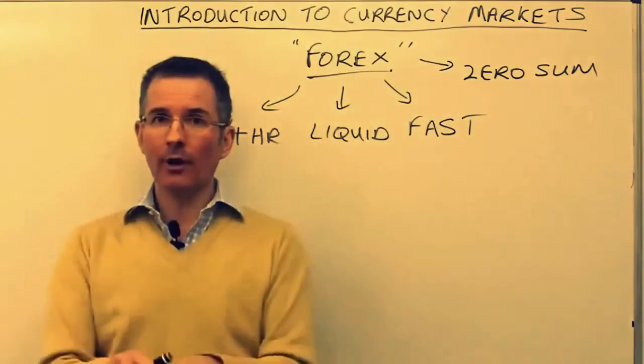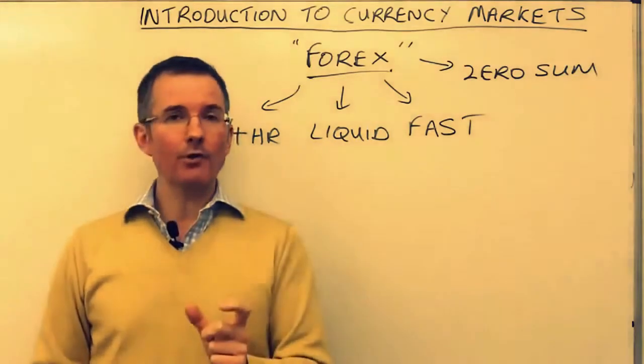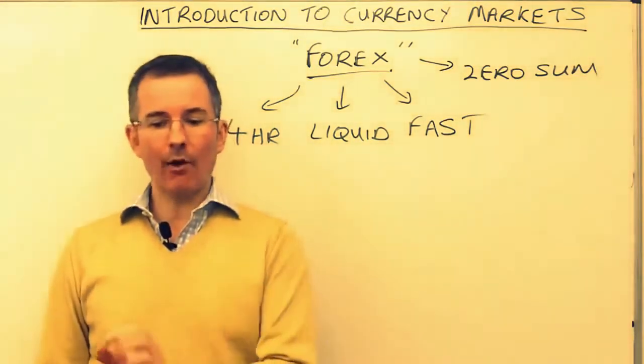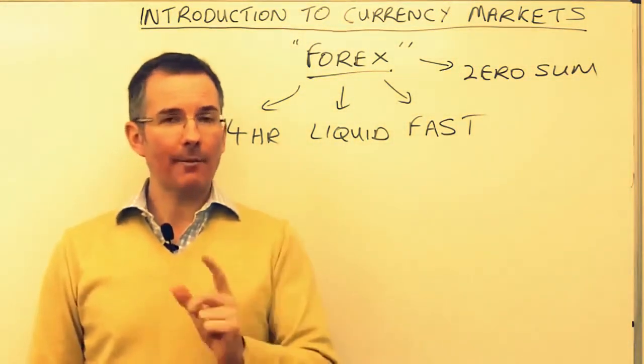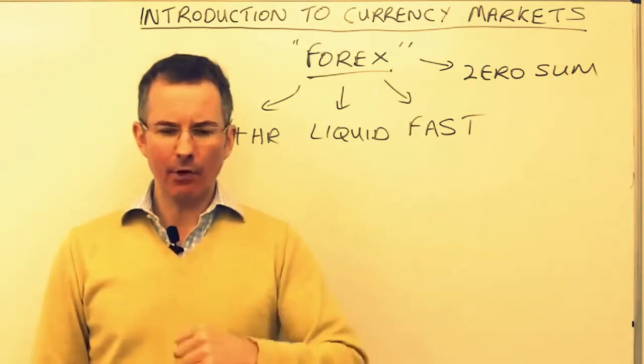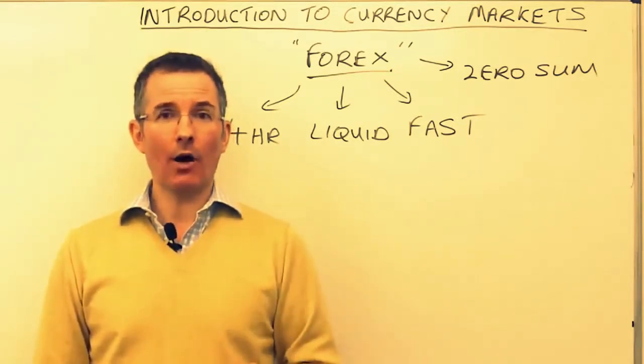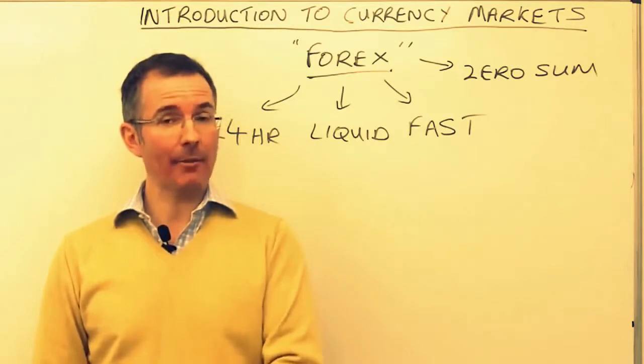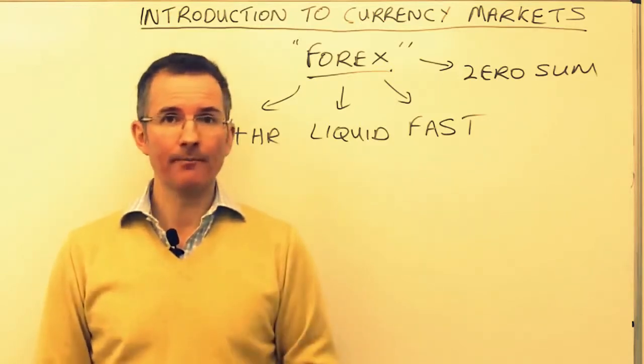Within the currency world, everything's zero sum. So you're always trading a pair, you're not just picking off one at a time. And that's something to bear in mind when you trade currencies. If you're bullish about sterling, you are presumably bearish about something else, the euro, for example.